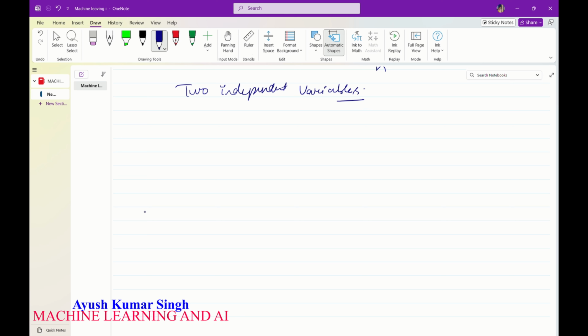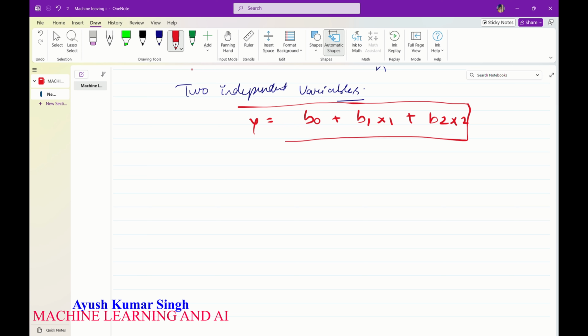Okay. So what will our main formula be? So y will be b0 plus b1 x1 plus b2 x2, right? This will be our main formula which we will be mainly following.